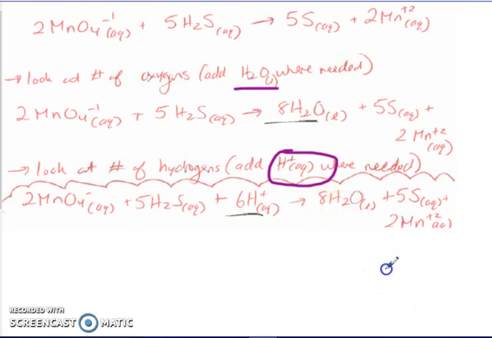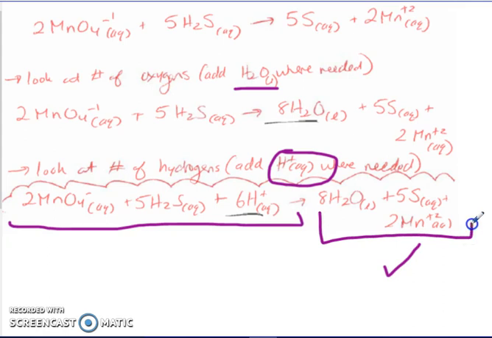So this is done, but here's a check. To make sure that you have everything properly balanced, I'll give you a way to do that. What you have to make sure of is that the charges on the reactant side have to equal all the charges on the product side added together.